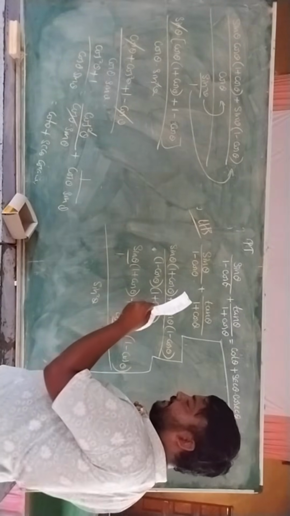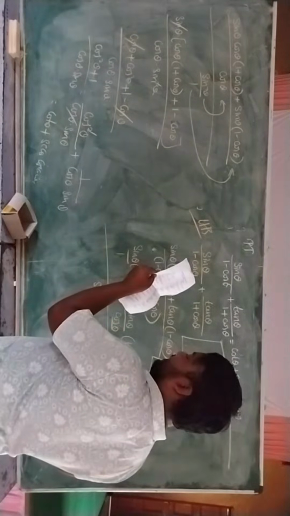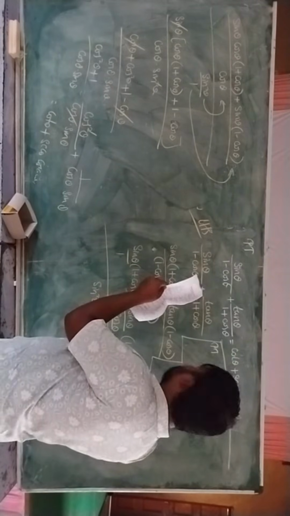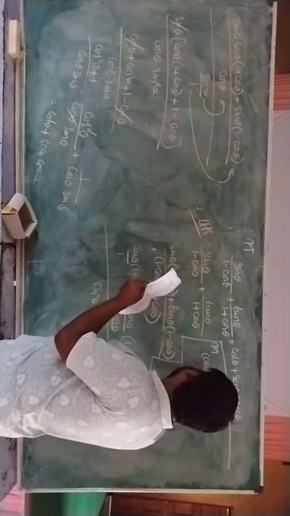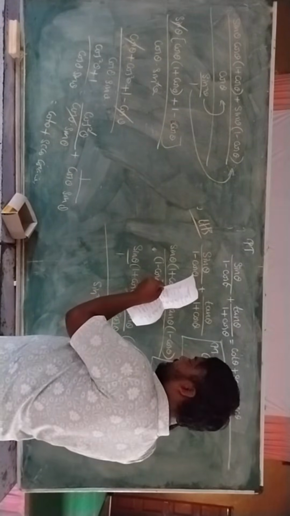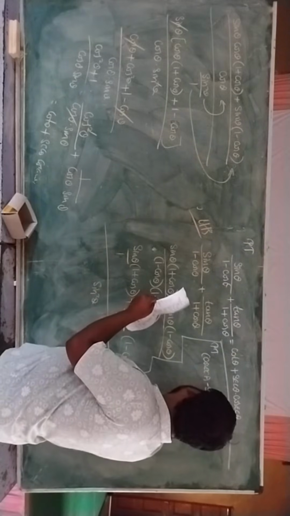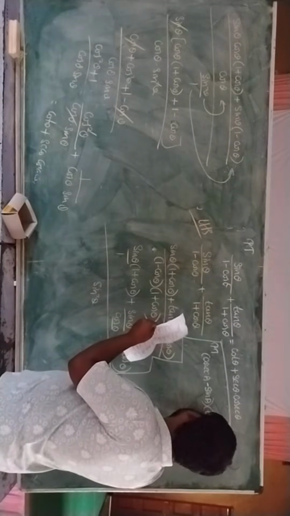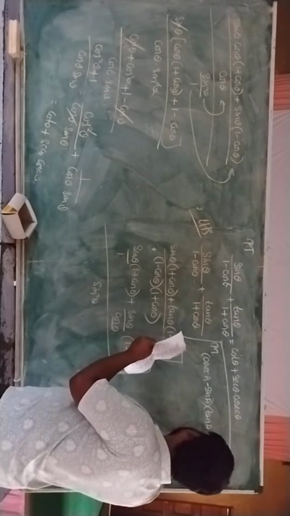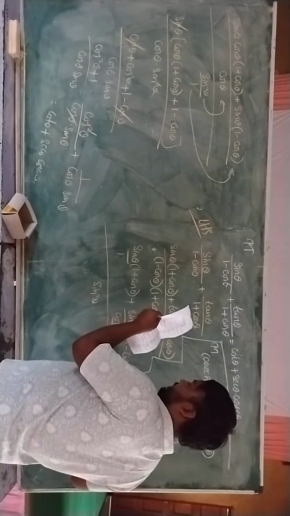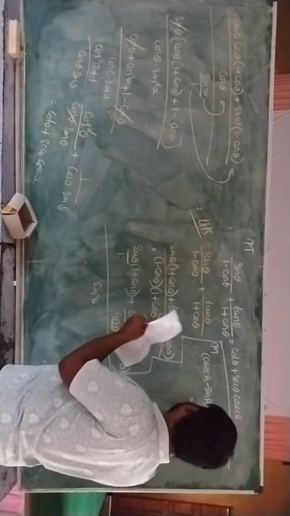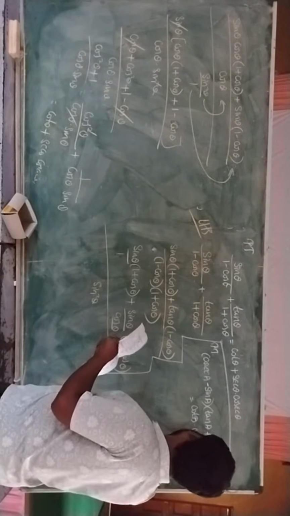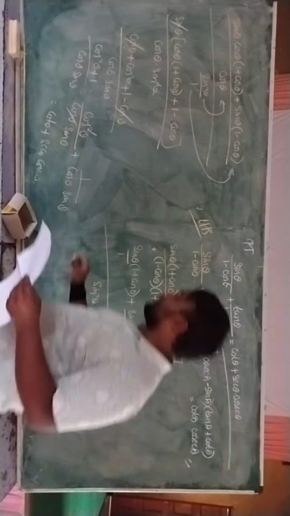Question number 10, model question paper number 2, 2025. Do that. Cosec A minus sin A into tan A plus cot A is equal to cot A into cosec A. Model question paper number 2, 2025.